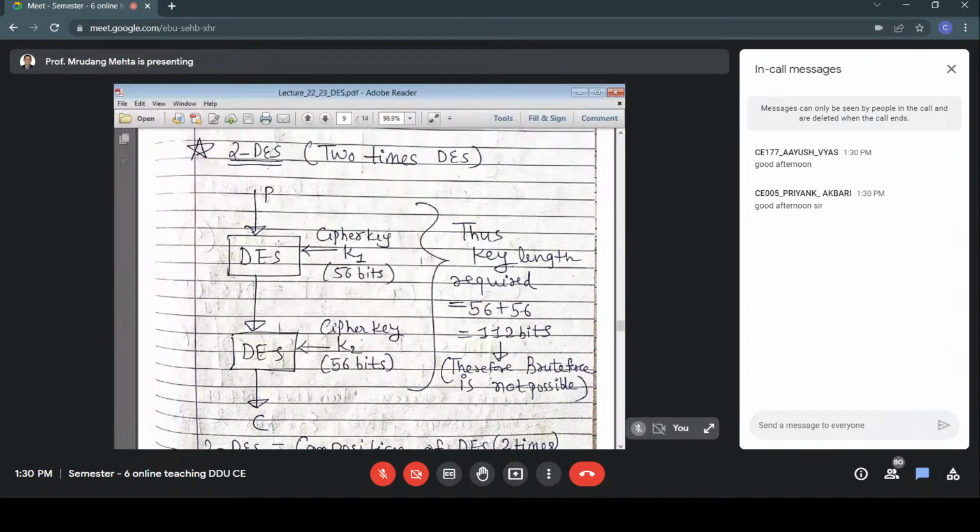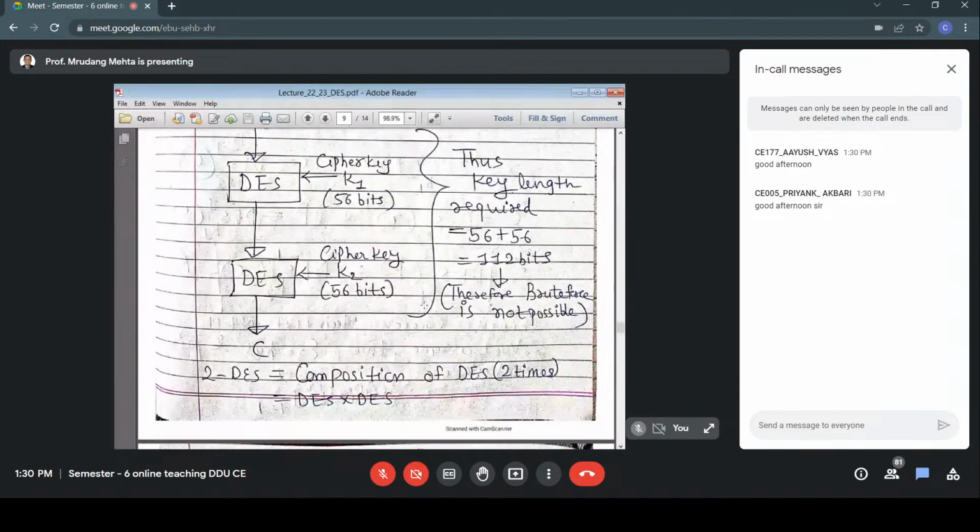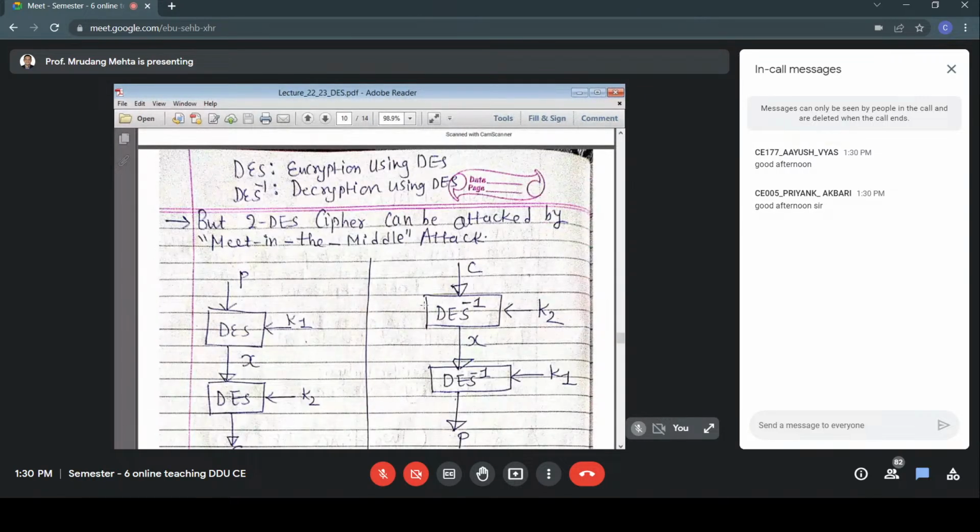So this process is followed 2 times. So cipher key length is 56 plus 56, and that is 112 bits. So if we apply encryption with a key of 112 bits, brute force is not possible. 2DES is also called 2 times DES or composition of DES, or DES into DES.